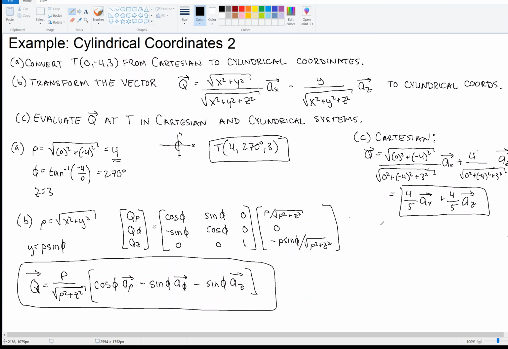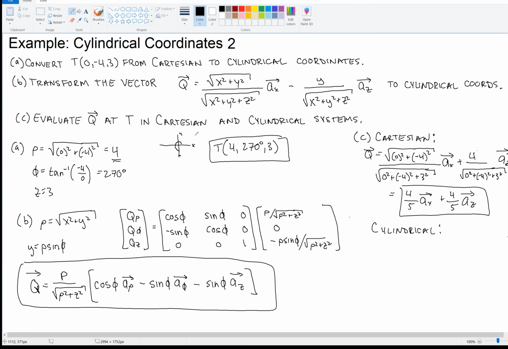So now let's consider cylindrical coordinates. All right, so I need to evaluate this thing in the box. So remember that rho is 4, okay, z is 3, and so I need cosine phi and I need sine phi. Now in this case, phi is 270 degrees.